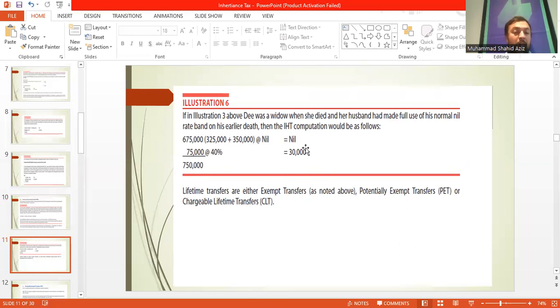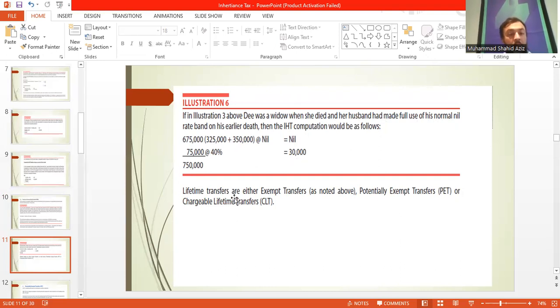The total is equal to 1 million. From that 1 million, if we minus the 325,000 that has already been used by the husband, the total left is 675,000. There is no tax on that, and the remaining of the estate value, 750 minus 675, is taxed at 40%. Can you see? There is a huge tax saving in this case.